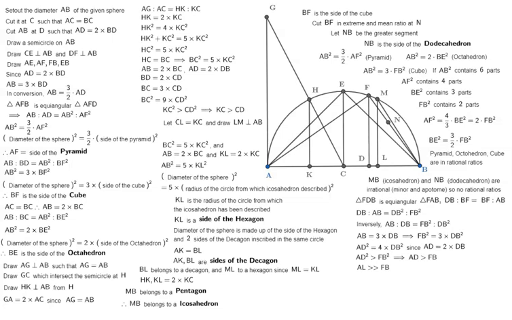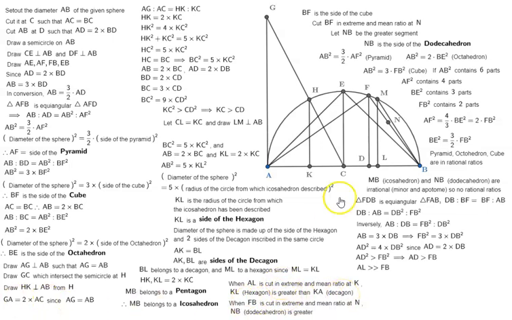So when we cut AL in extreme and mean ratio at K, remember KL is the side of the hexagon. KA is the side of the decagon. So when we cut AL into extreme and mean ratio at K, KL is greater than KA, because KL is the side of the hexagon and KA is the side of the decagon.